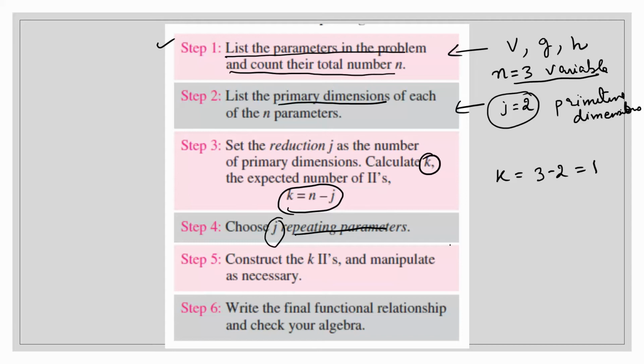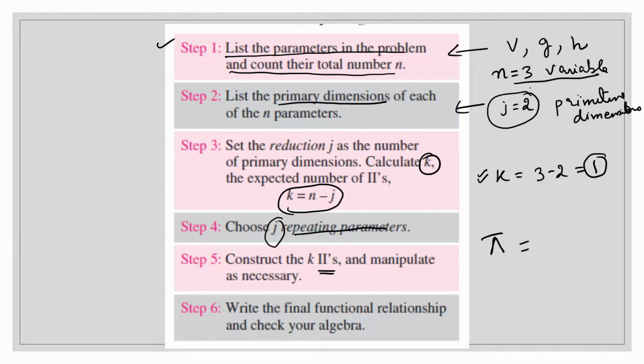So for constructing pi, how do we know how many pi's will be constructed? From k. So we know that only one pi will be constructed, and this will have two repeating parameters. What are the repeating parameters?